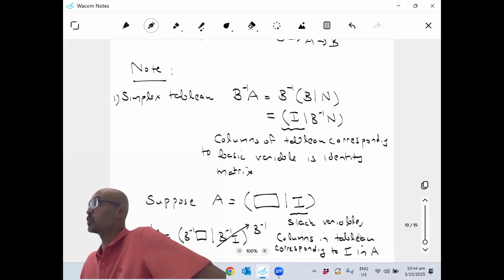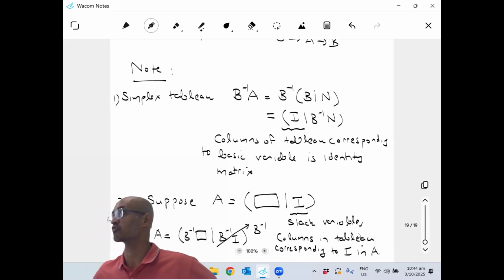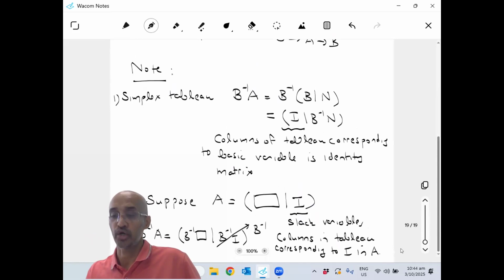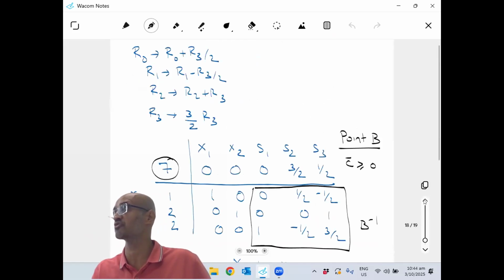That's not a very hard operation to do. For an m by m matrix, it's roughly m cubed operations. But it's automatically given to you in this tableau. So the tableau actually stores a lot of useful information without you even knowing it. Any questions with that? It's clear what the basis matrix is, what the basis inverse is. Is that clear?